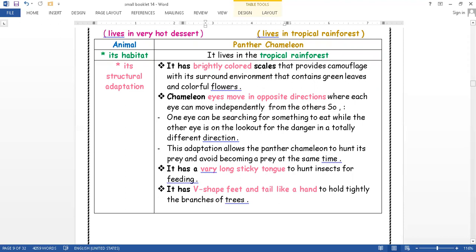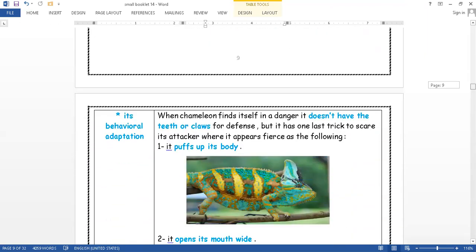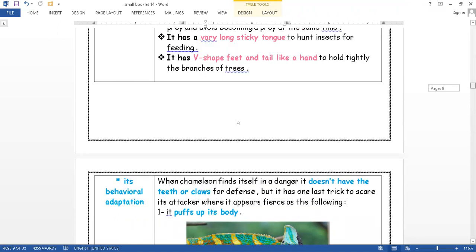Number three, we will find that it has a very long sticky tongue. Why? To use it to hunt insects to feed on. Finally, it has a V shape. Why, Junior 4? Look at this picture. Look at the V shape of its leg.